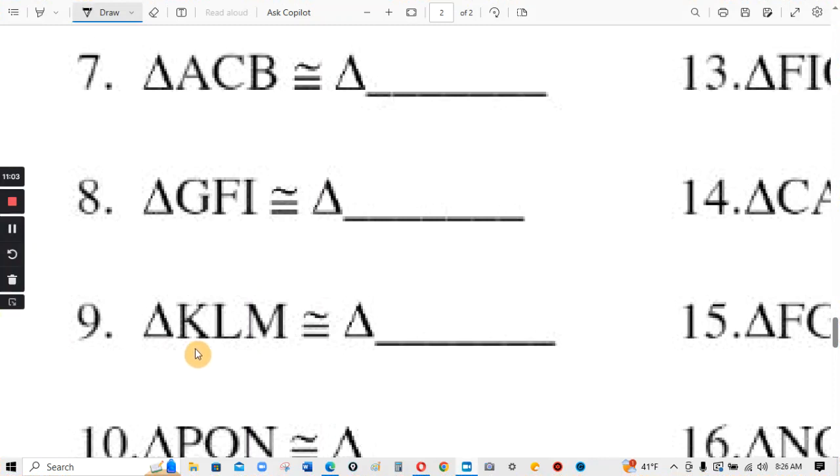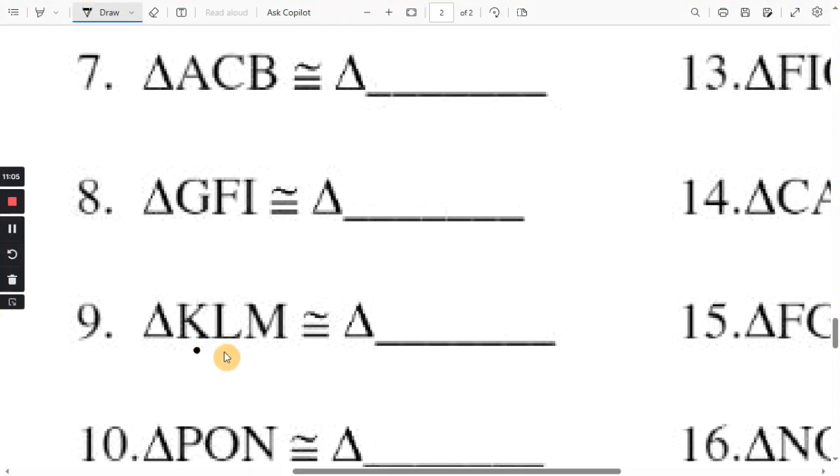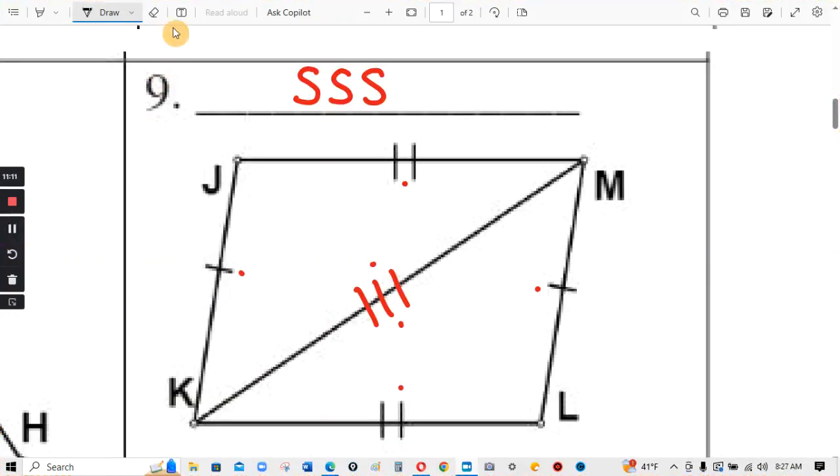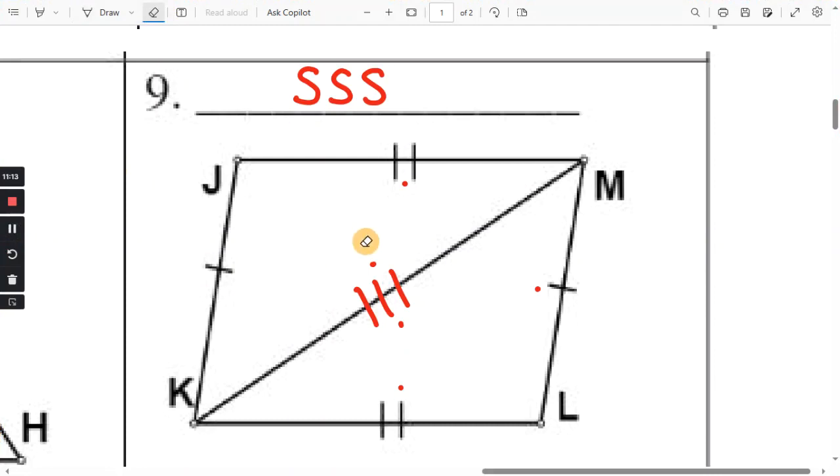All right, number 9, let's do KLM. Let's look at the diagram for number 9. Here's number 9. Let's erase the markings except for the side that I marked congruent.